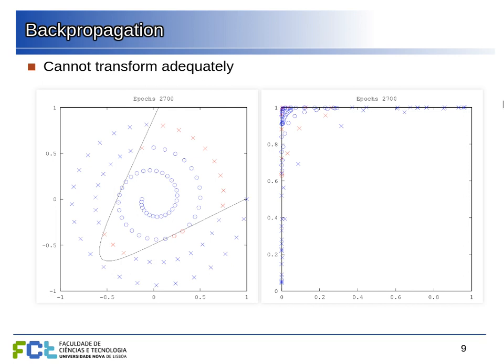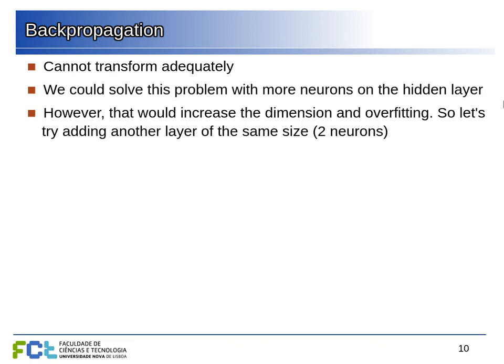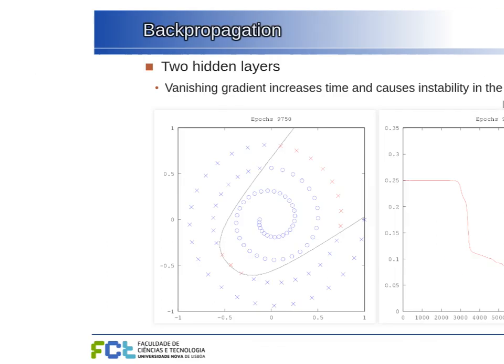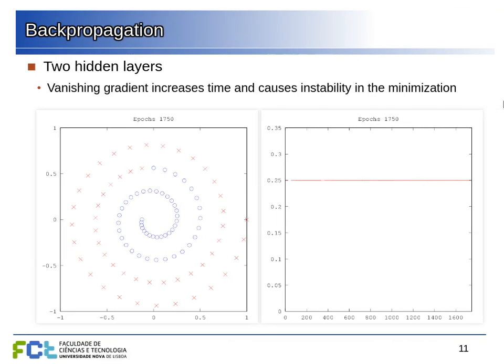One thing we can do alternatively is keep everything in 2 dimensions, but add another layer. So we're going to add another hidden layer of 2 neurons too, and try to make the next layer transform this part further in order to be able to separate those 2 classes. Now the problem here is that it takes a lot longer to start to learn.